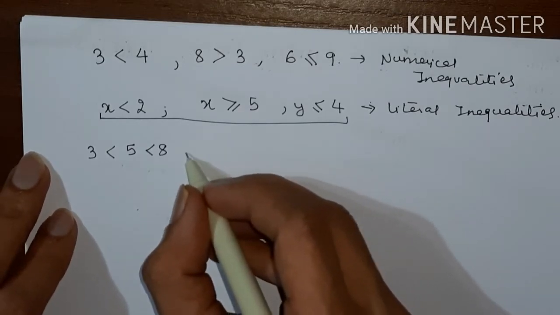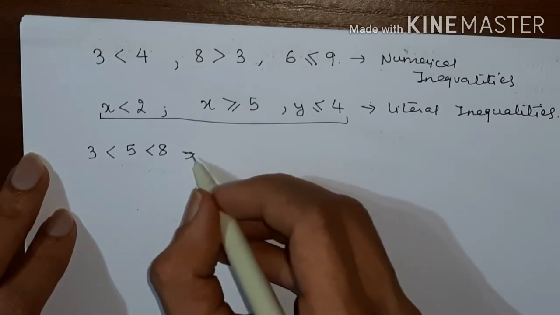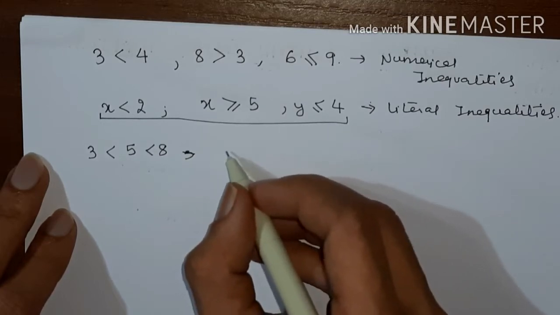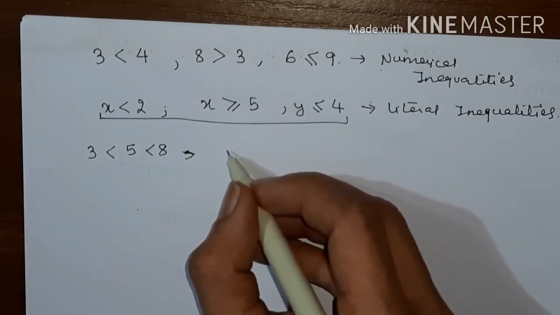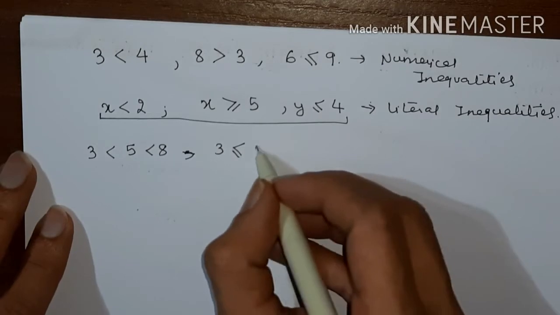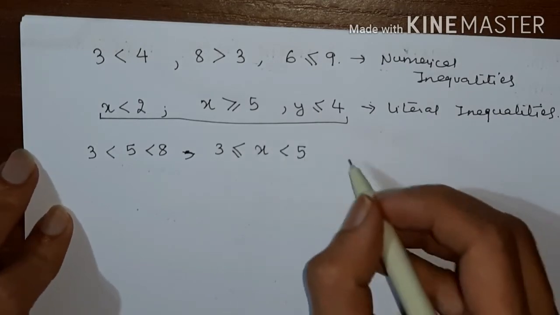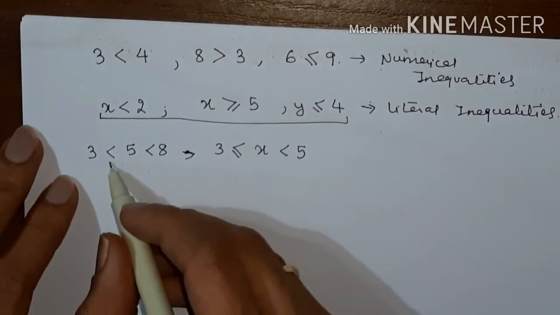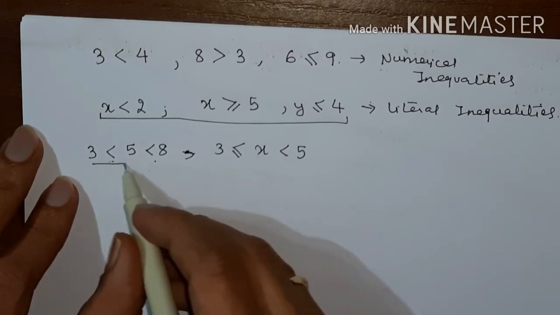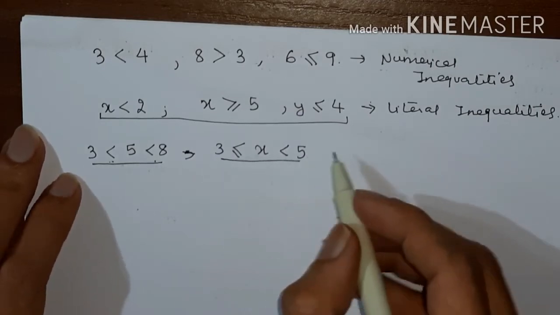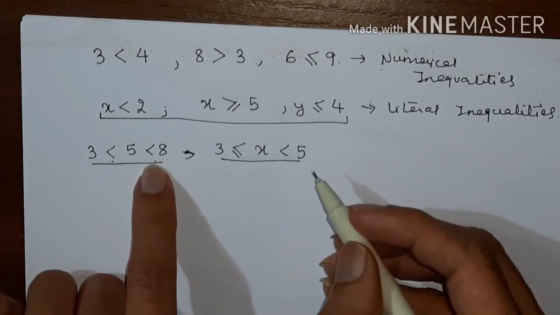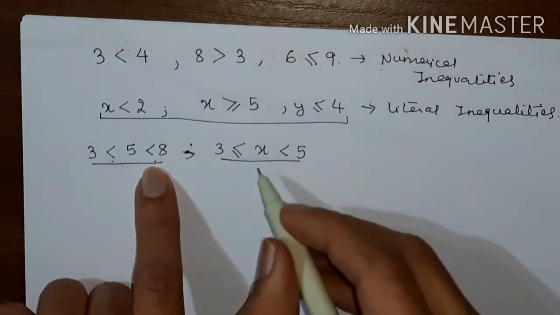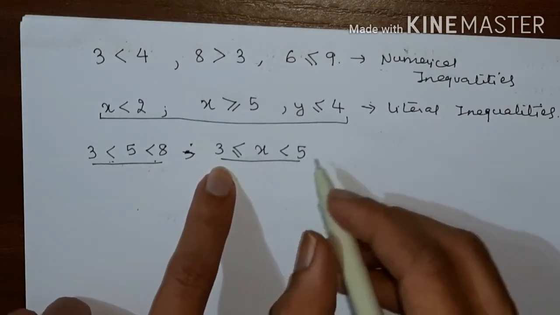Or suppose you have inequalities of the type 3 is less than or equal to x less than 5. You can see that there are two inequalities in one statement here. For each of these statements there are two inequalities.